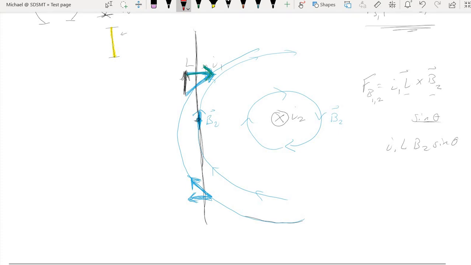And as it turns out, that direction is actually going to be into the board.